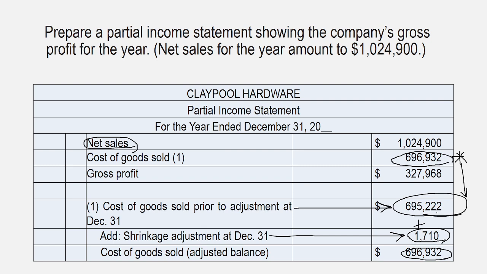So the amount of cost of goods sold is increased by 1,710, and the final amount of cost of goods sold after this increase equals 696,932. And here we need to deduct this amount, 696,932, from the net sales of 1,024,900, and finally the gross profit equals 327,968, the amount of gross profit.